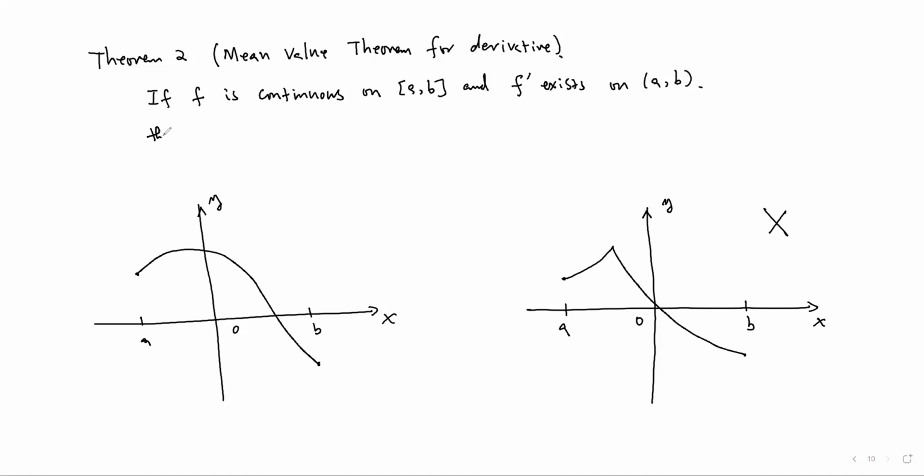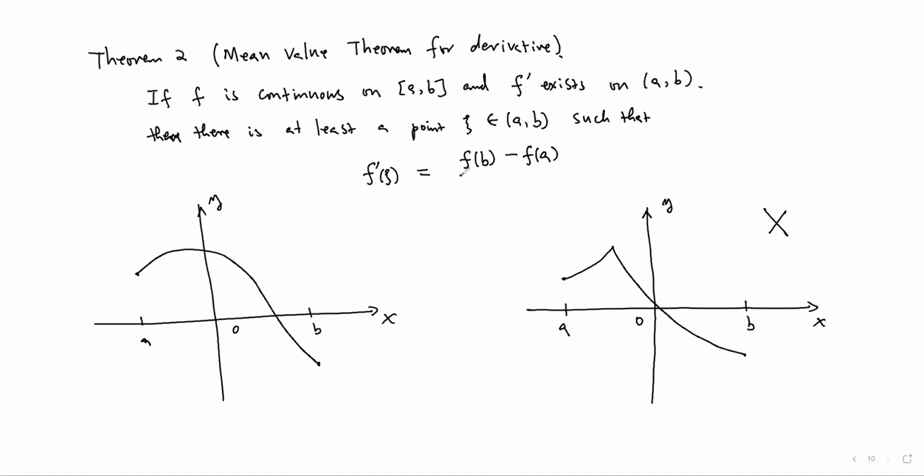Then there is at least a point, let me call the point psi, in the open interval between A and B, such that the derivative at psi, the slope of the tangent line, is equal to F of B minus F of A, over B minus A. What is this number?